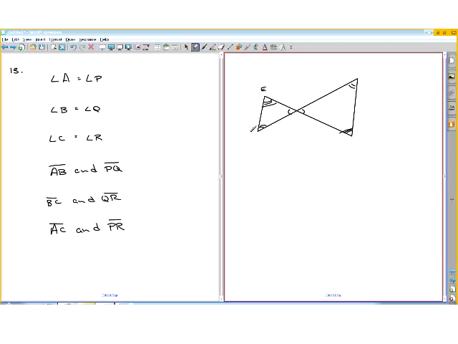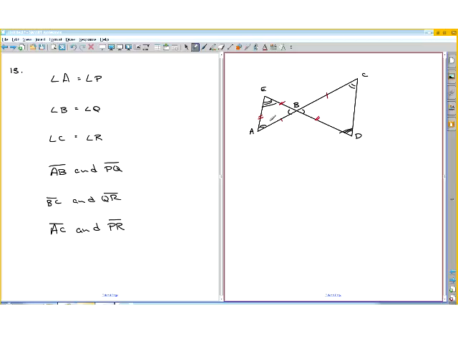Let me go ahead and write the letters in: E, A, B, C, D. Let me just use a different color because these angles, we have this angle, you'd find the corresponding ones here, and those sides would be, they're not equal really. I'm going to use the equal sign, but I'm really just trying to show the correspondence.